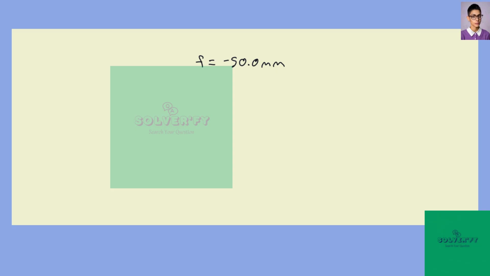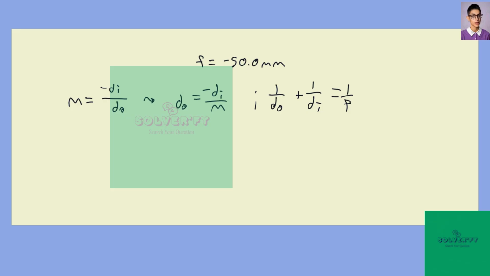So we'll use the magnification ratio here, rearrange for our object distance, and then if we jump over to our lens maker's equation, and if we plug in for the object distance, that one, this becomes minus m over di.